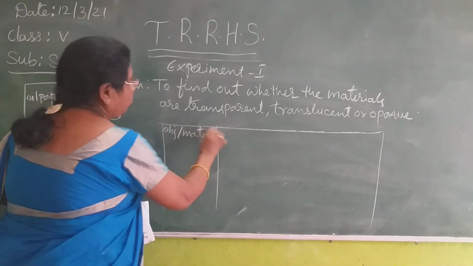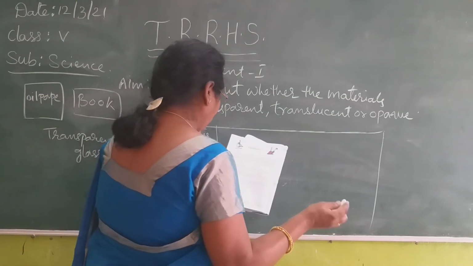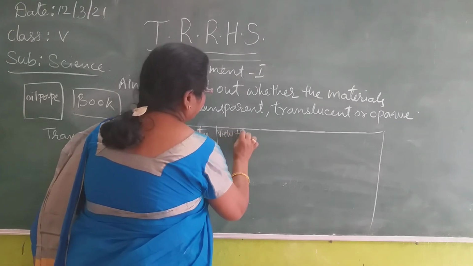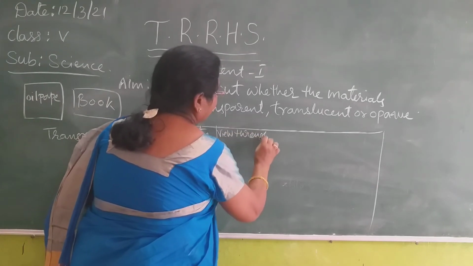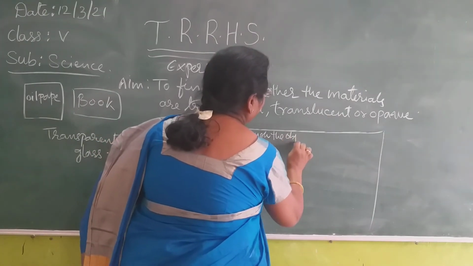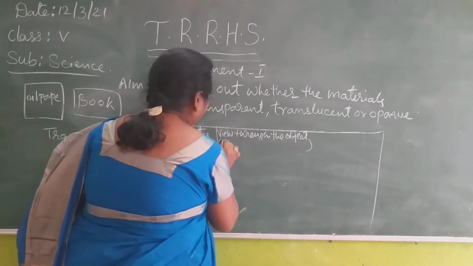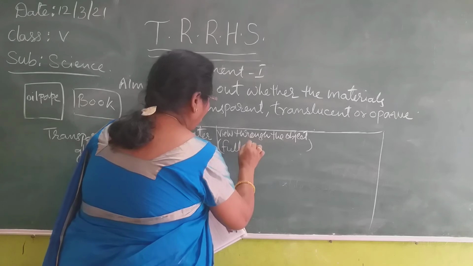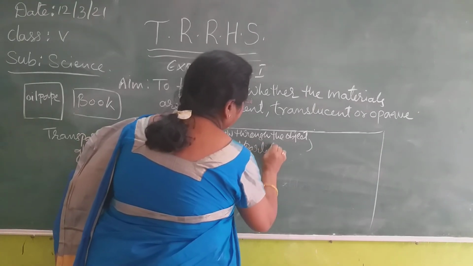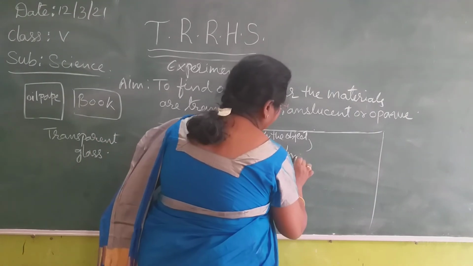Here you write down whether the light passes through the object. View through the object. That is, the light passes fully or partially, or not at all the light passes.